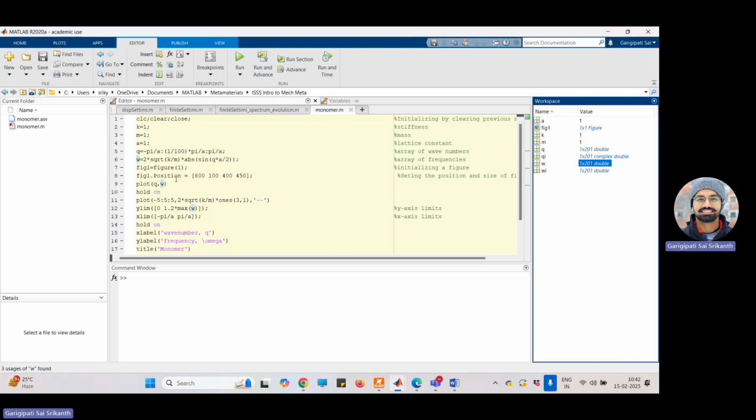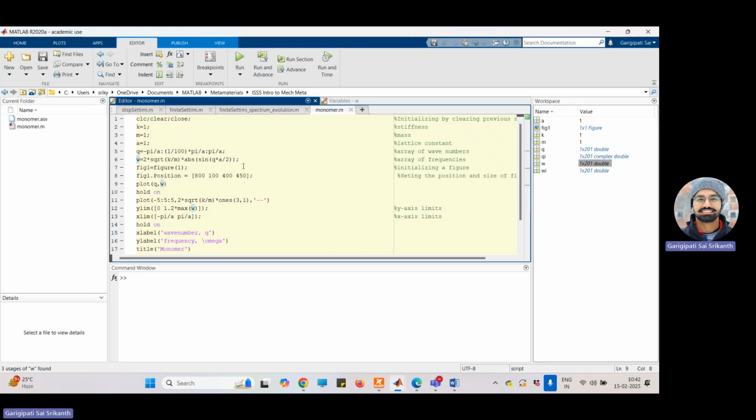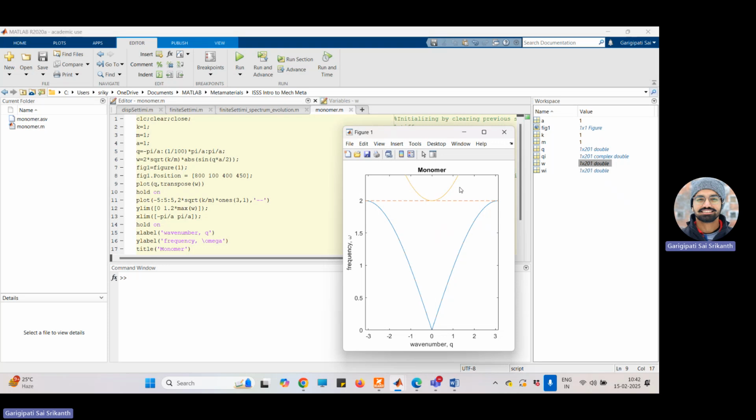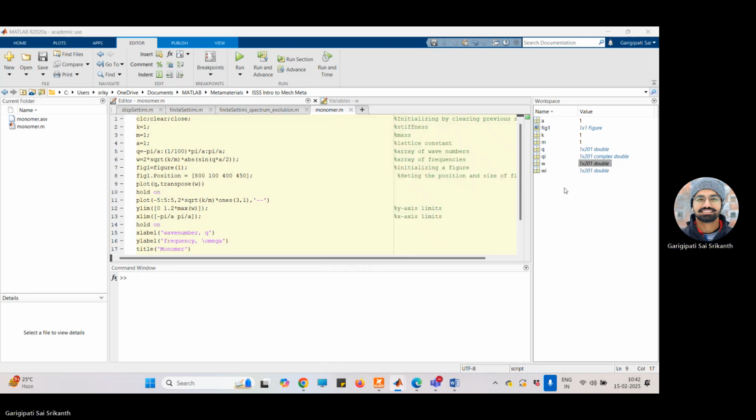We can use transpose also. I don't think it should change. Yeah, it's giving the same result. Transpose of W.